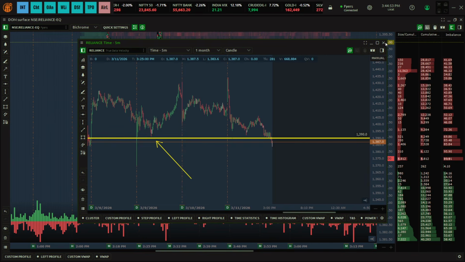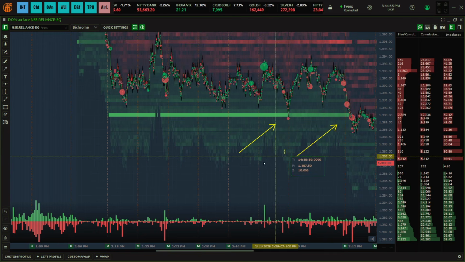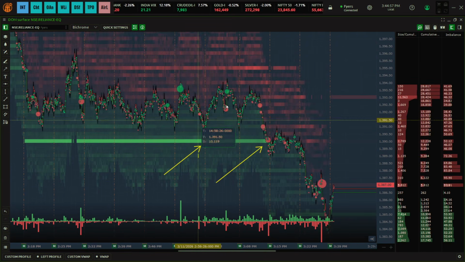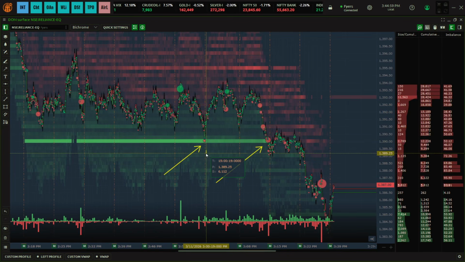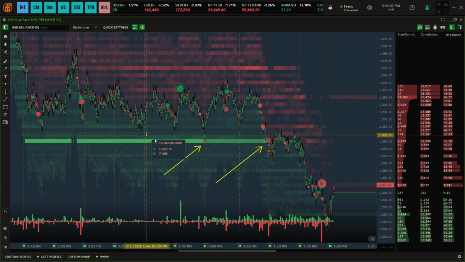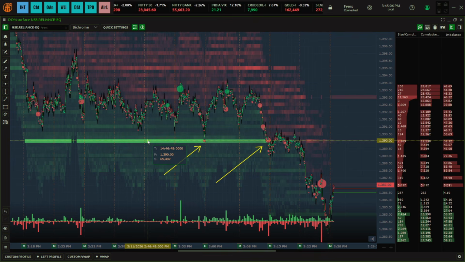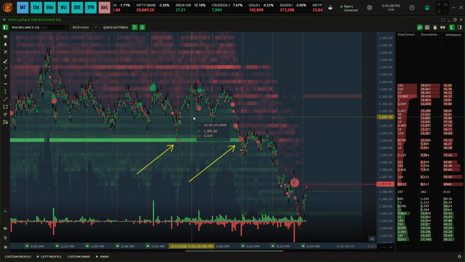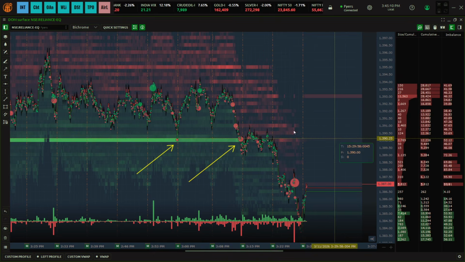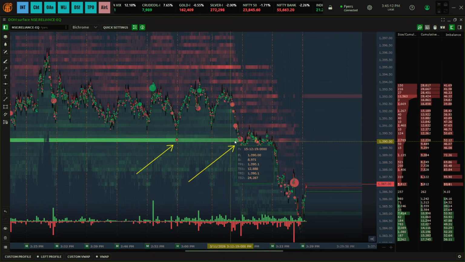Now this can be helpful for a trader who, let's say, is holding some positions in Reliance and wants to average it. This shows that a lot of traders maybe want to average around this level, and I can do that as well. Or I can also mark these levels on my chart to track the prices.